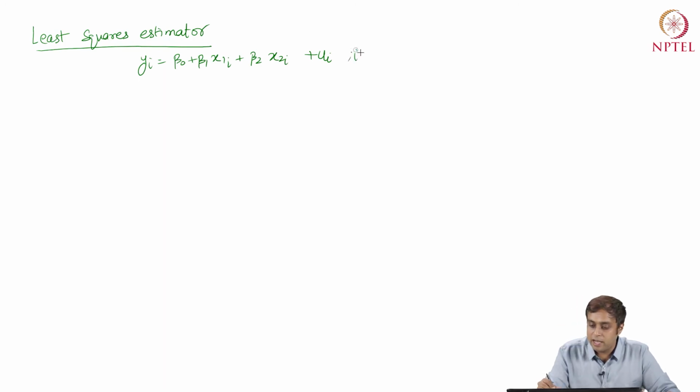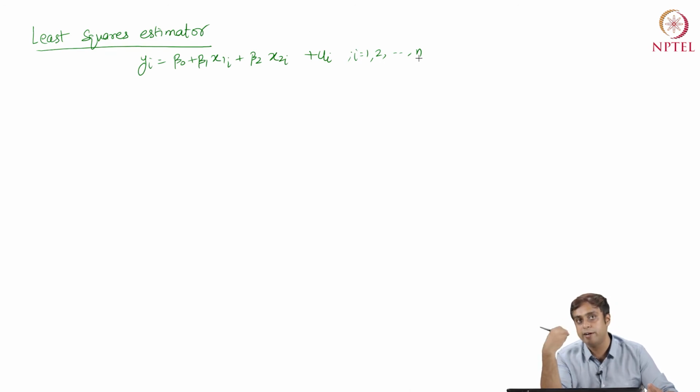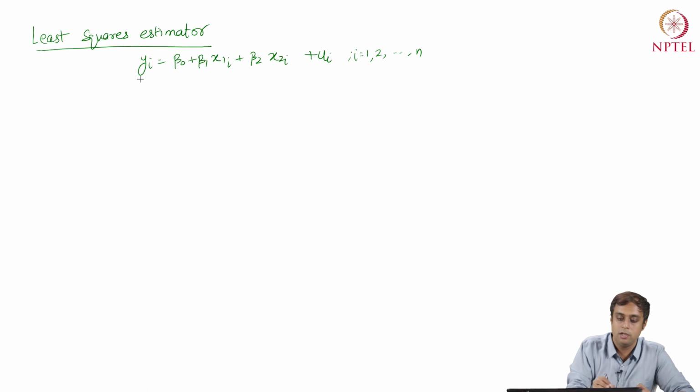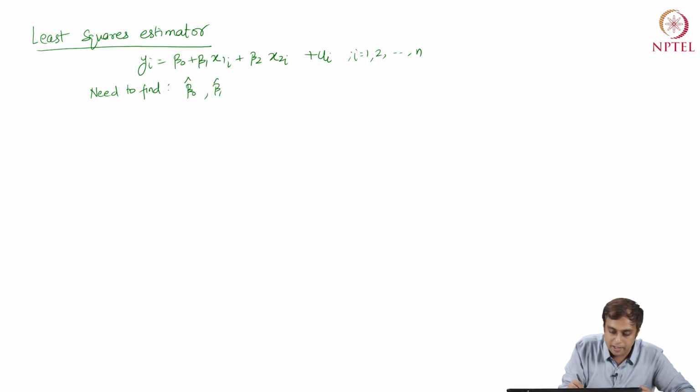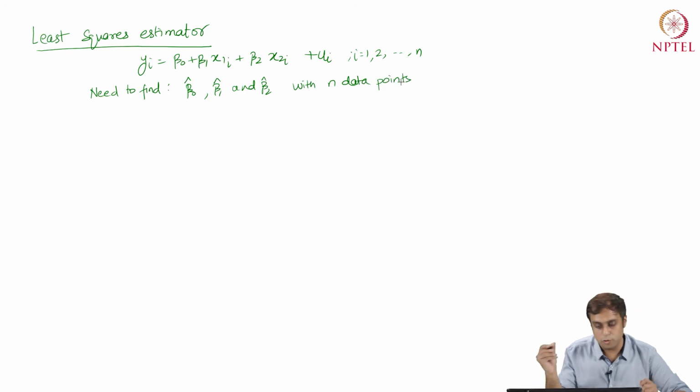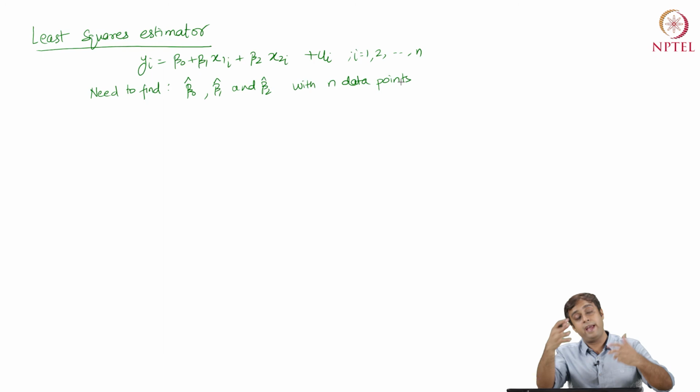Now I have data on these things, for 1, 2, all the way till n. I have n values and I want to figure out the data-based representation, so we need to estimate beta 0 hat, beta 1 hat and beta 2 hat with n data points for y, x1 and x2.